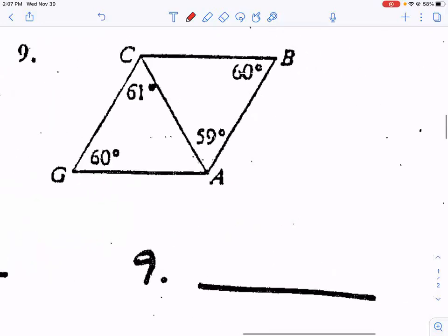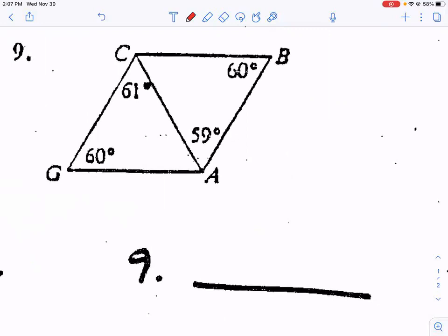Okay. Adri, are these congruent? By? Well, they kind of wrote it wrong. If this is 59 and this is 60, what's this? And what's this? That's incorrect.